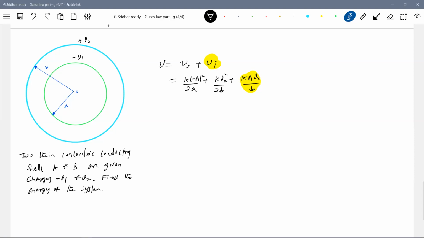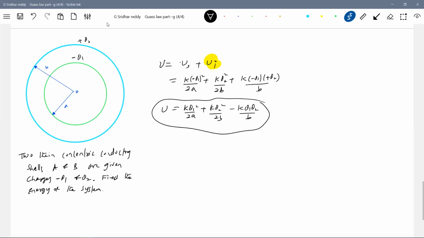The interaction potential, you know, it should be K. So this equation will end up like this. Got the idea?